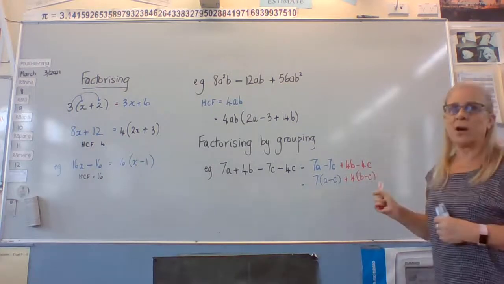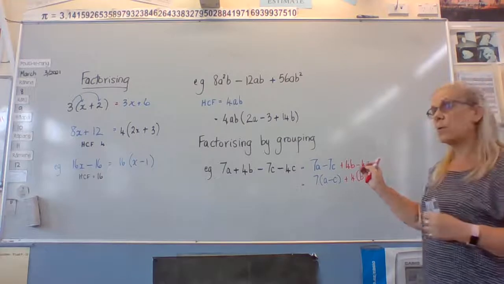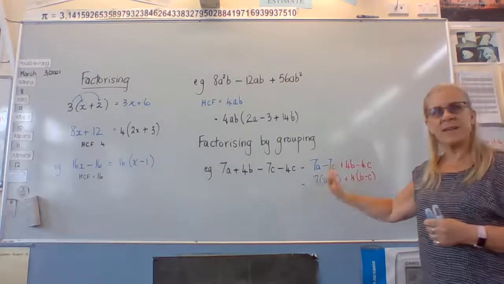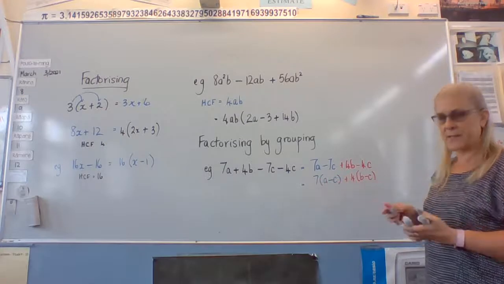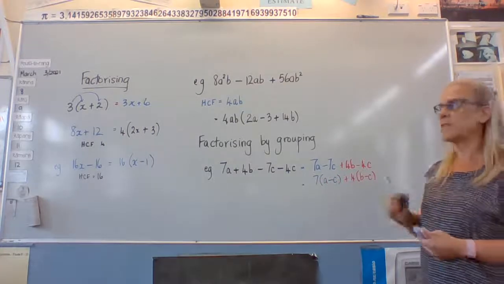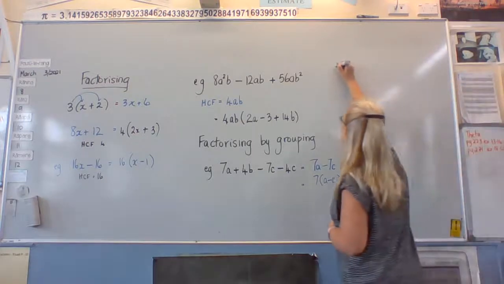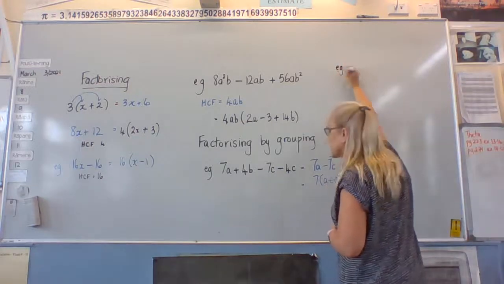But sometimes something quite interesting happens next. Not in this case, but that is factorising by grouping. And we do that because of the interesting thing that could happen next.